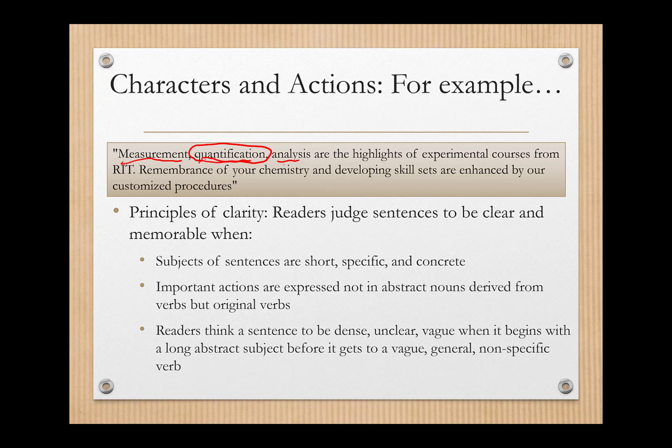We also don't say here, when you remember your chemistry, or I remember chemistry. What we're saying is, indeed here, we're adding a verb, we're turning it into an abstract noun, and this makes it very hard to understand. We want to make sure that we're using appropriate verbs.